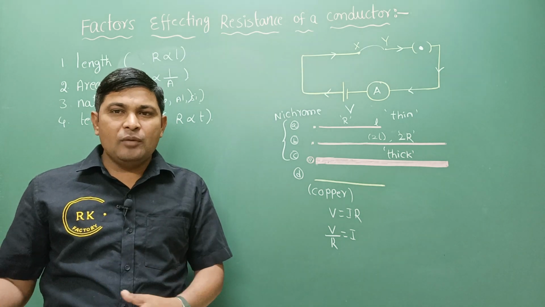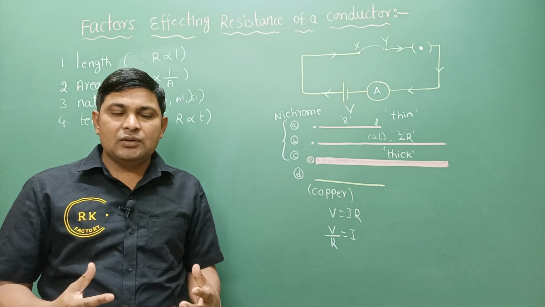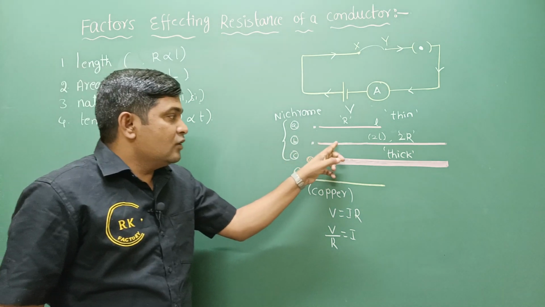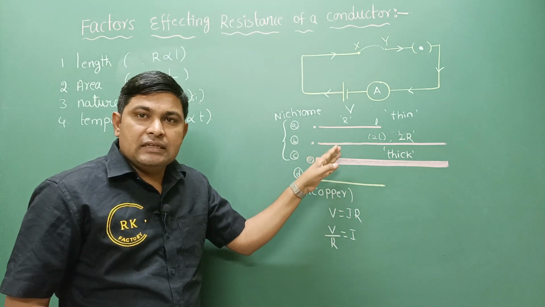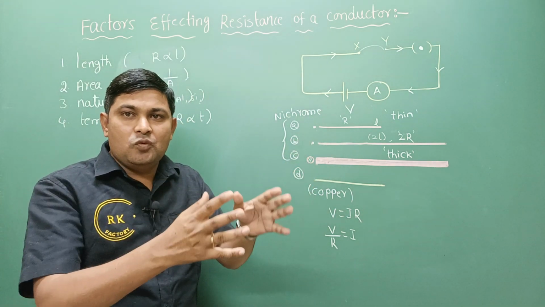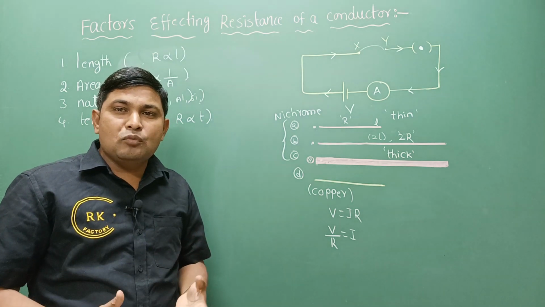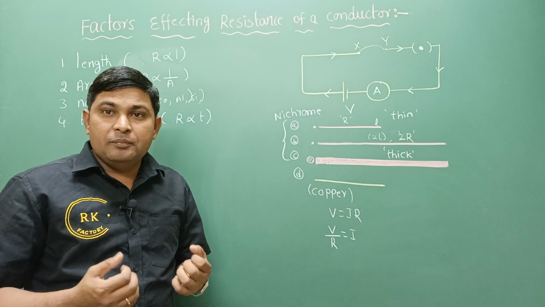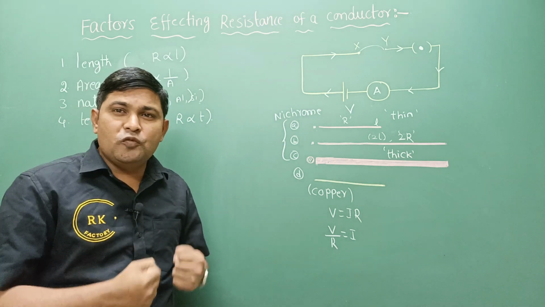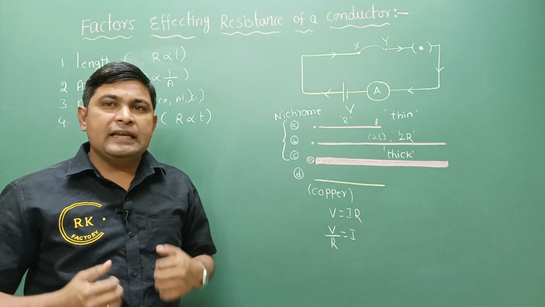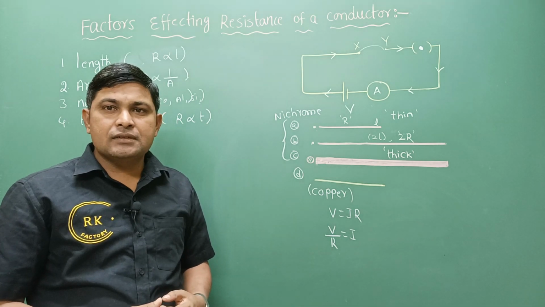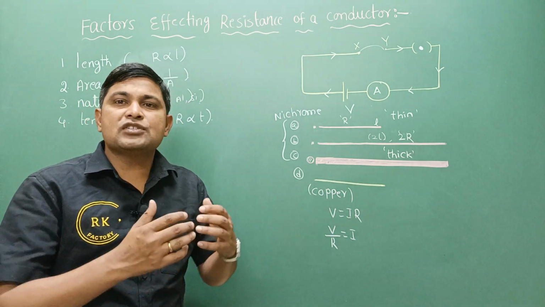The reason is that the electrons in the conductor are trying to move to give the current. When temperature rises, they get more energy, and because of more energy they try to move faster, but they hit the lattice ions like a wall and stop.